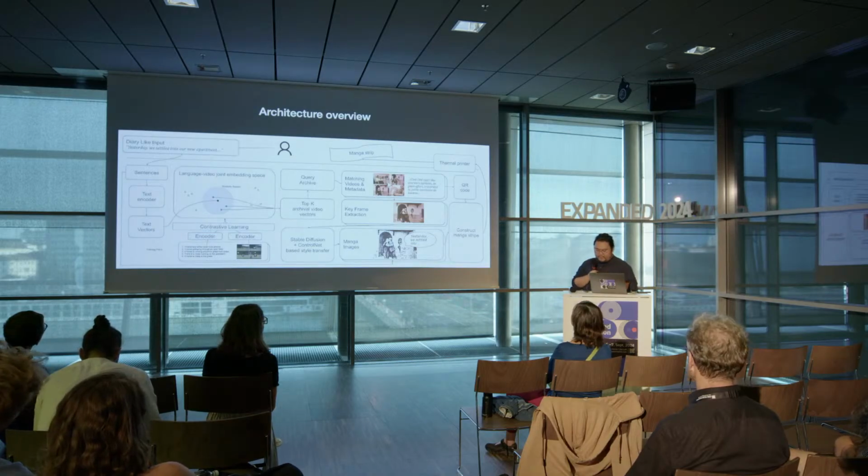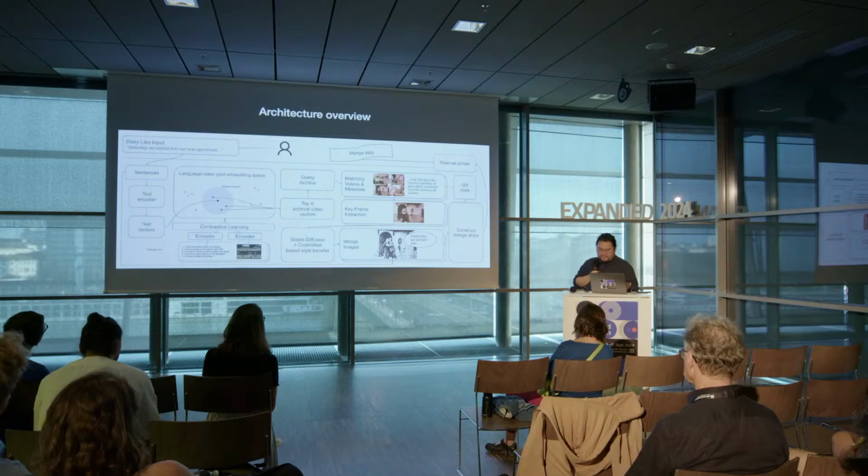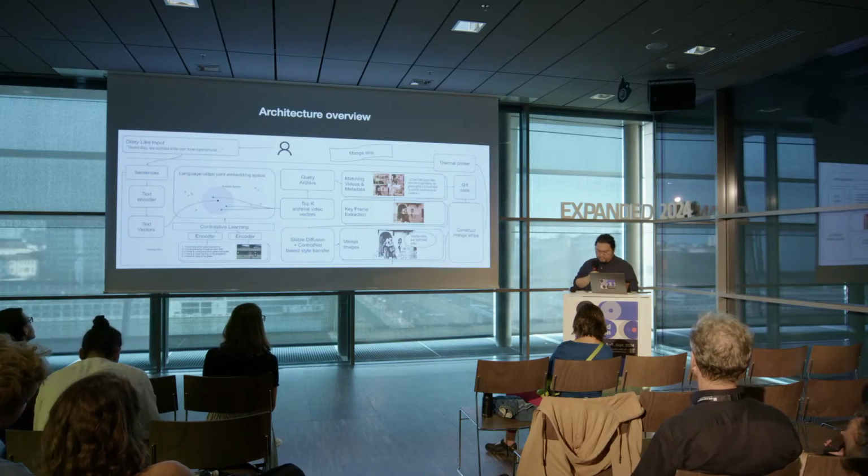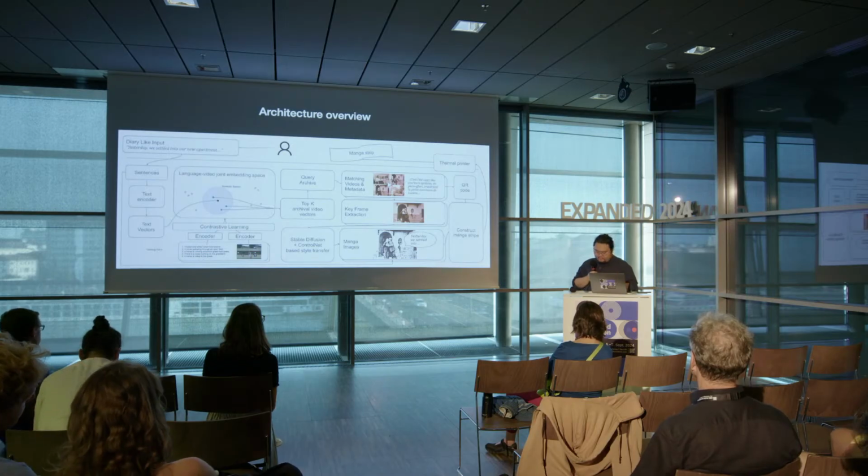By doing this training, the space is then able to capture and represent the semantics from both the video and the text side, so that it can be used as a space that we translate between different modalities.